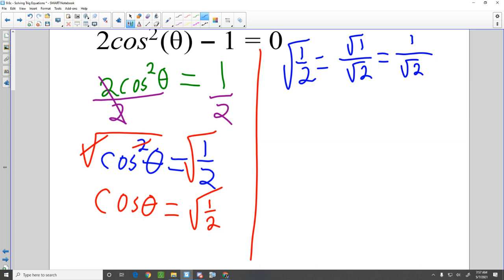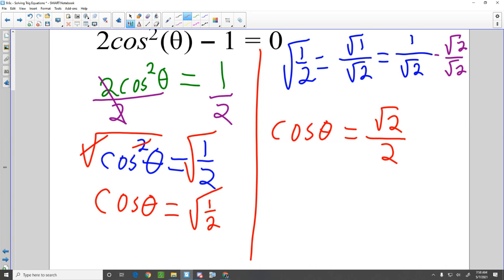If we multiply by root 2 over root 2, in the numerator I'm going to have the square root of 2, because 1 times root 2 is just root 2. In the denominator, the square root of 2 times the square root of 2 is just 2. The radicals cancel out and leave you with just the radicand. So going back to our problem, the cosine of theta equals root 2 over 2.